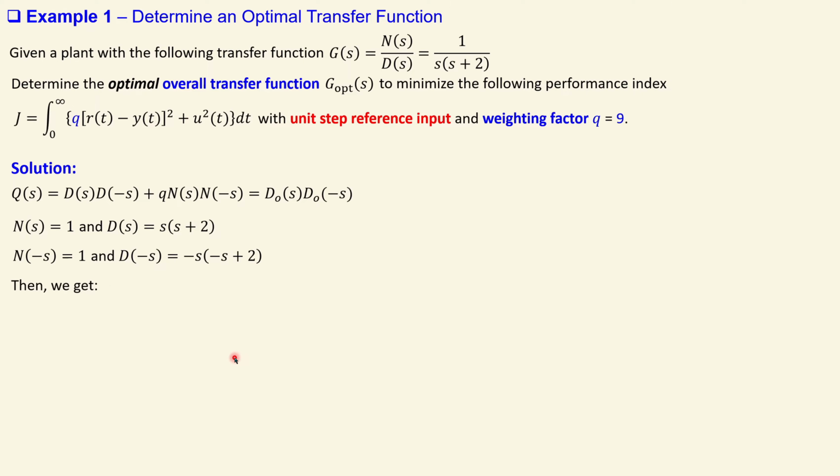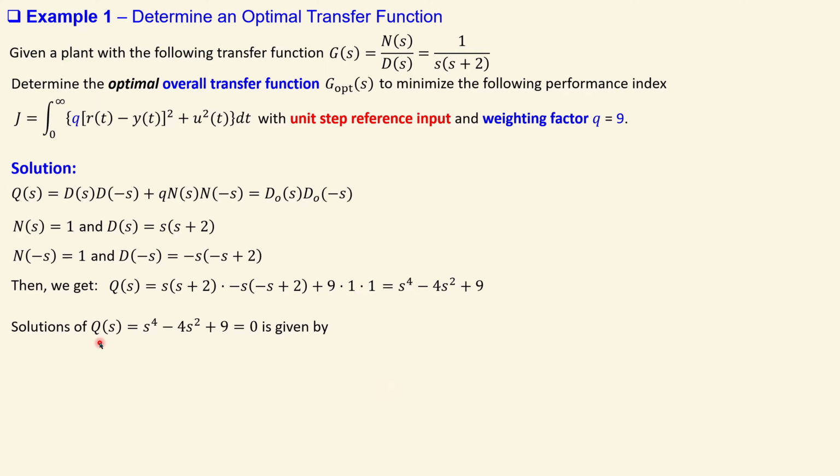Now we get the following. We just work this out, and then 9 times 1 times 1. And that is equal to, if you work out this parenthesis and take the terms together, s to the power 4 minus 4 s squared plus 9.